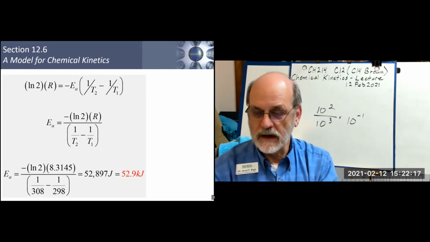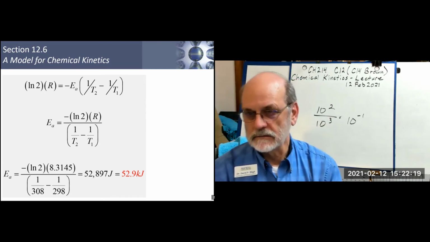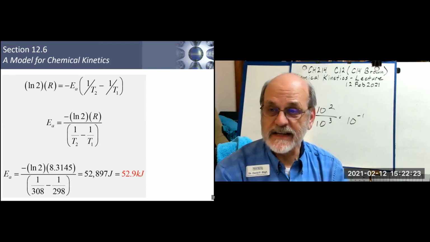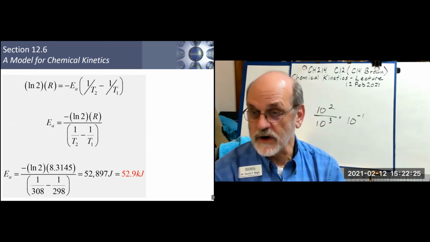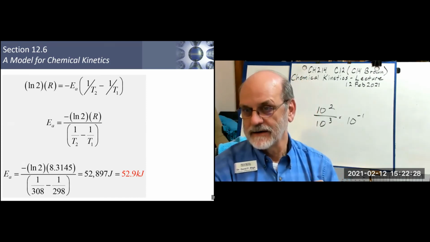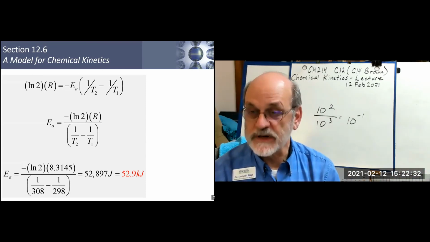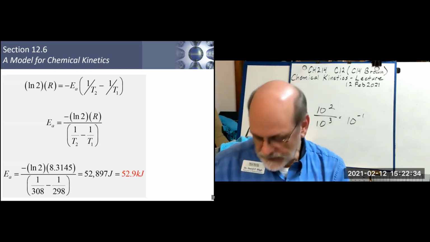We've gone 2 to the 4th power, right? So it's 2, 4, 8, 16. We've decreased the reaction rate in food to a 16th of what it would be at room temperature.